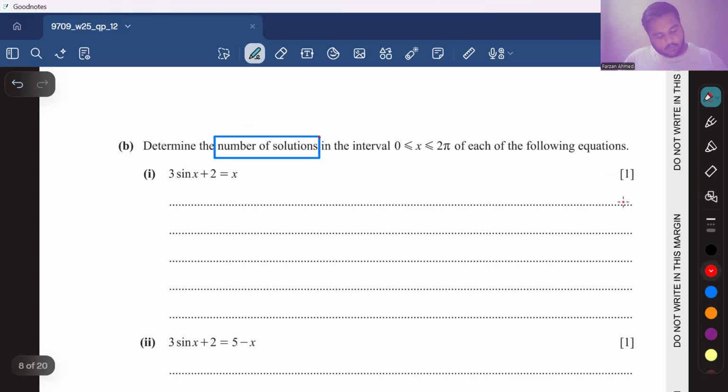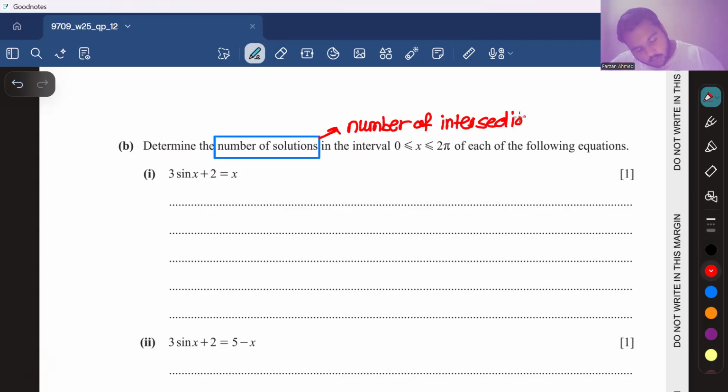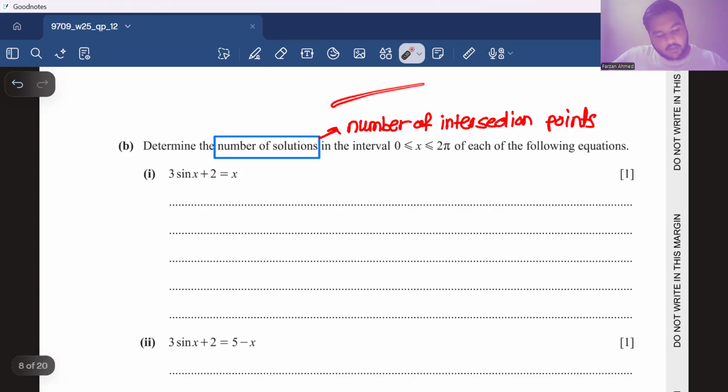Number of solutions means that we have to find the number of intersection points. Okay, so we have to find the number of intersection points.